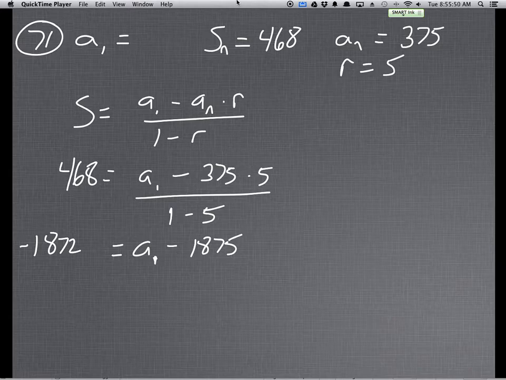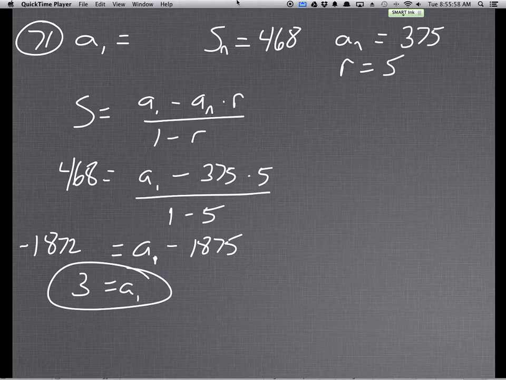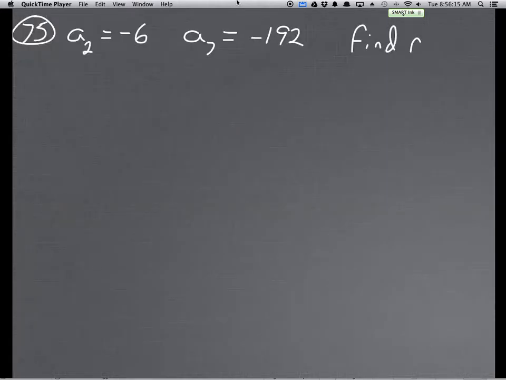What's that? Add. When I add, 3,000. Oh, I didn't put the negative. So what does a sub 1 represent? The first term in the series.